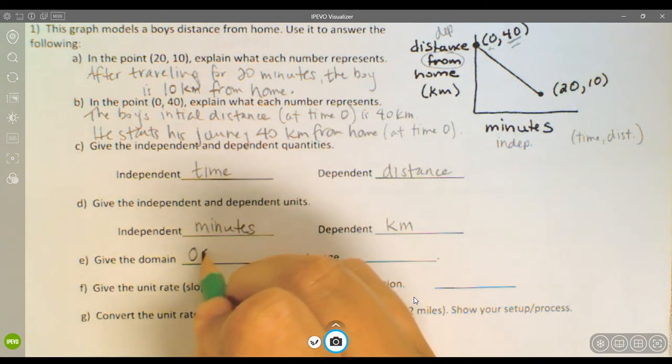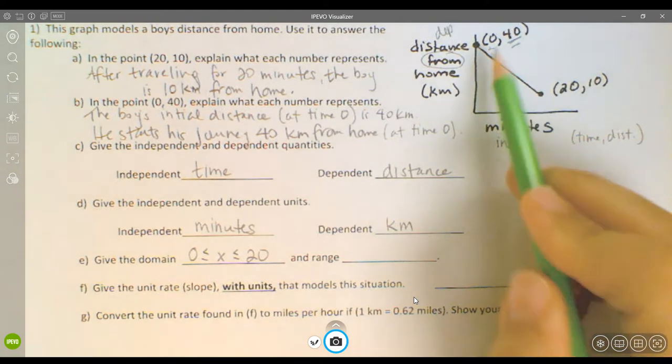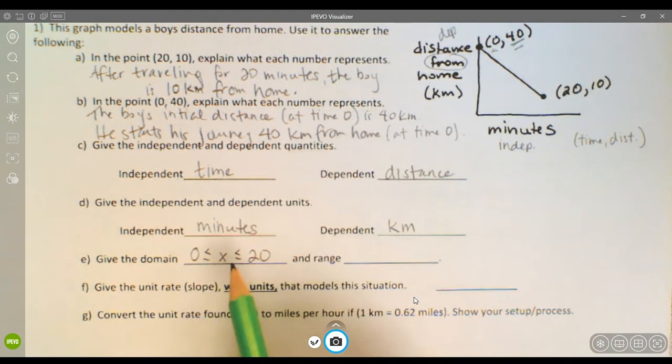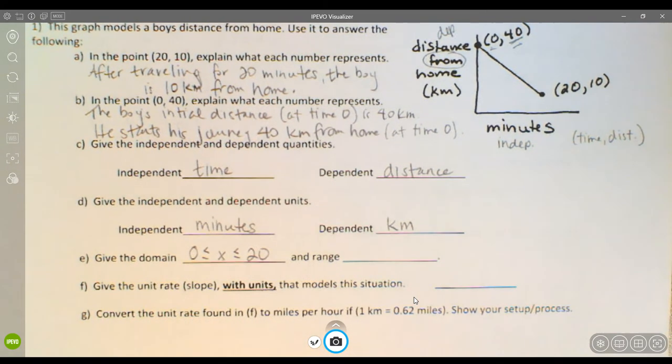So we're going to go from 0 to 20. X is between 0 and 20. Algebraically, it's less than or equal to 20, and 0 is less than or equal to x.